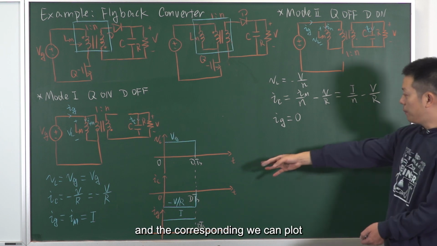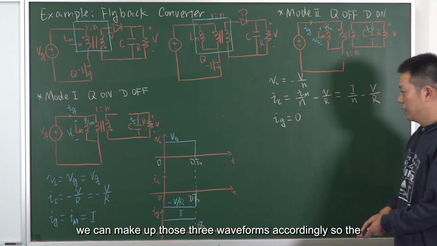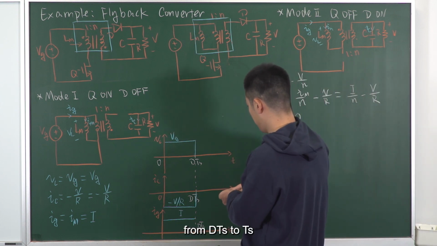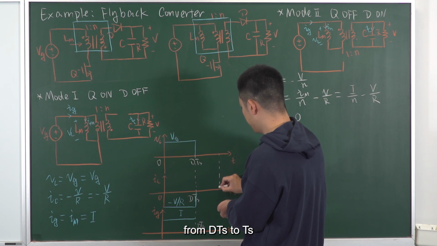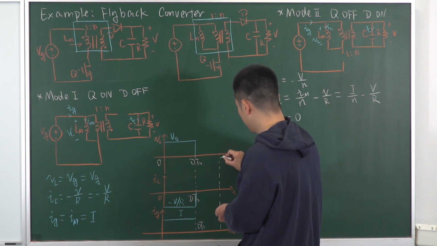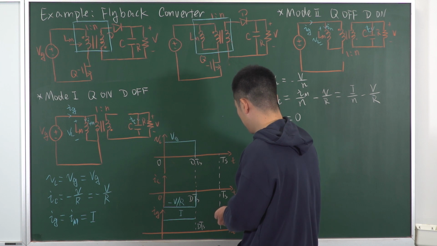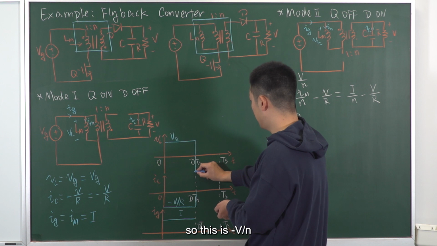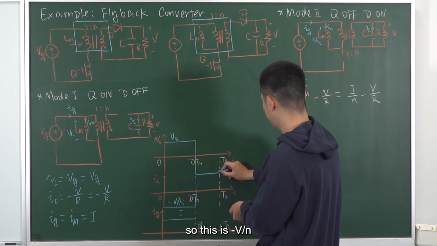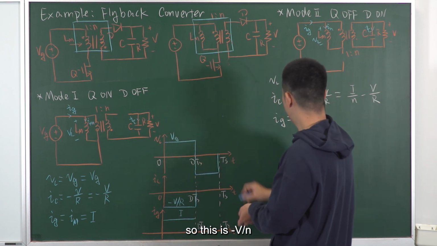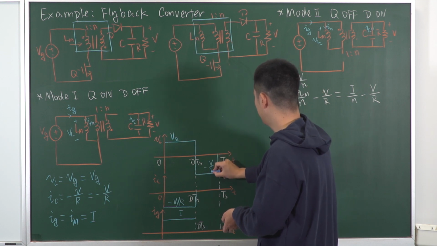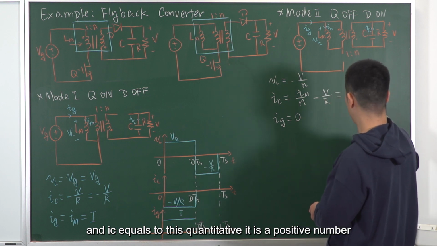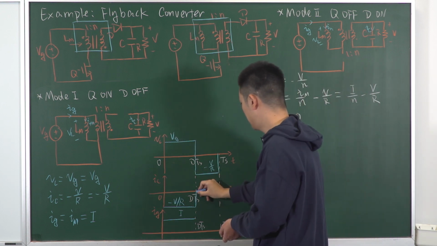And correspondingly, we can make up those three waveforms. From DTs to Ts, the inductor voltage is minus V over N. And IC equals this quantity, which is a positive number.